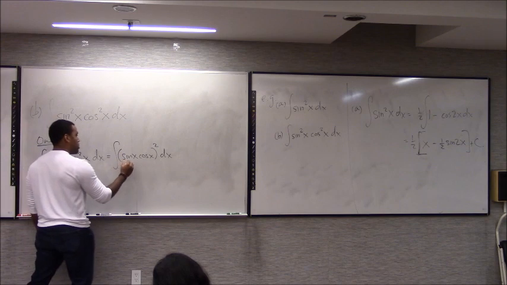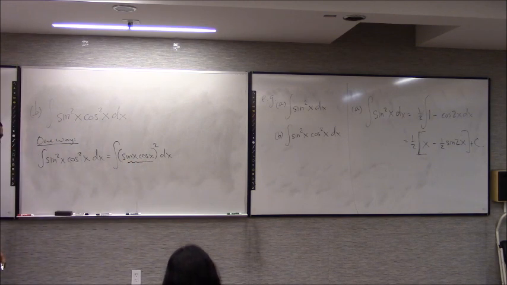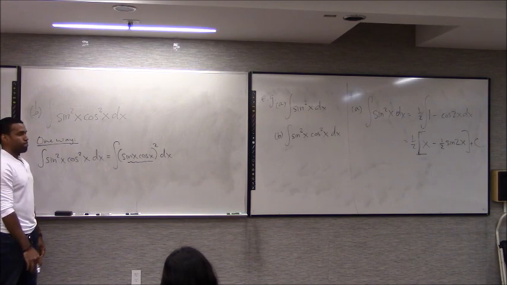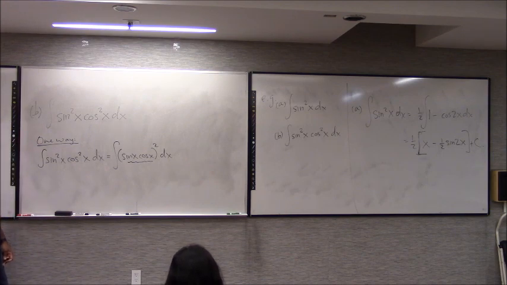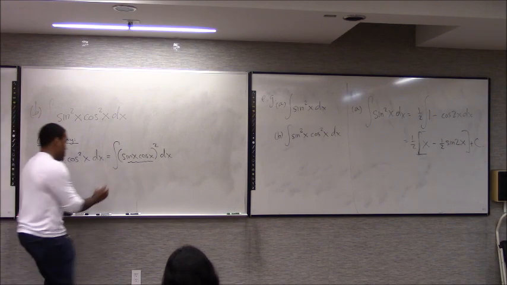Now, this should remind you also of a trig identity. Sine times cosine, remind you of anything? Sine 2x. It reminds you of sine 2x. What is sine 2x equal to? 2 sine cosine. 2 sine x cosine x.